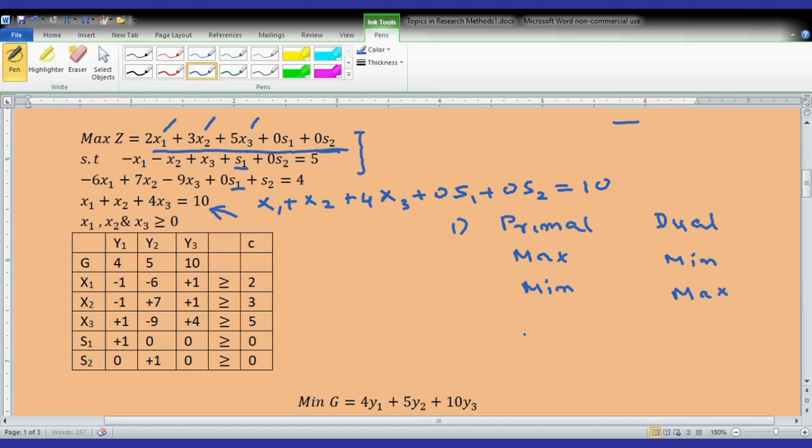The second thing is that the number of variables in primal will be equal to the number of constraints in dual.